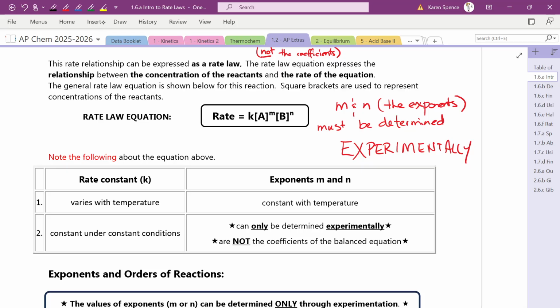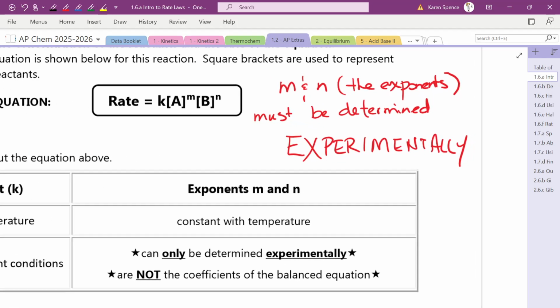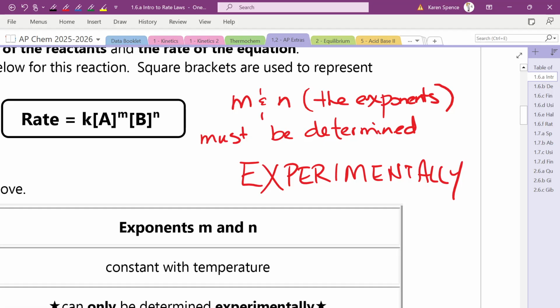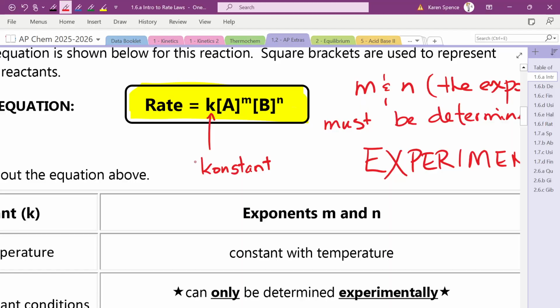So you should be familiar with this equation. This is the rate law equation, and it says that rate is equal to k, which is a constant, times the concentration of A raised to the m, B raised to the n. k is known as the rate constant.